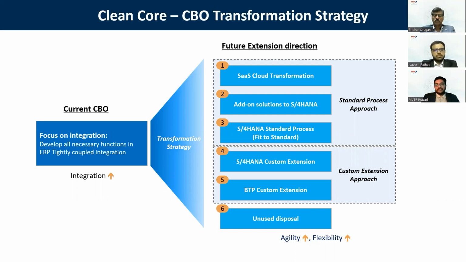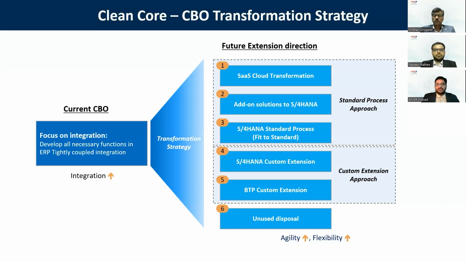Even now, SAP enhanced the embedded framework, Steampunk for SAP S4HANA Cloud, which provides a way of doing cloud-ready solutions on top of S4HANA Cloud itself. And also for the fit to standard aspect, we have to keep all these three principles.